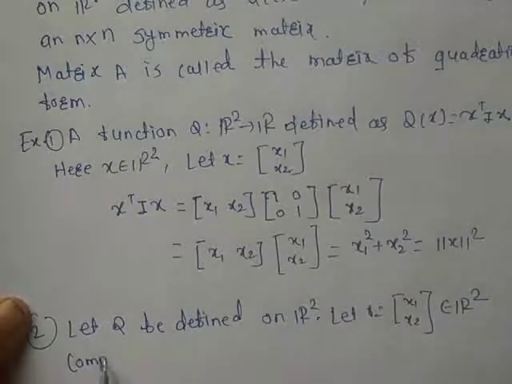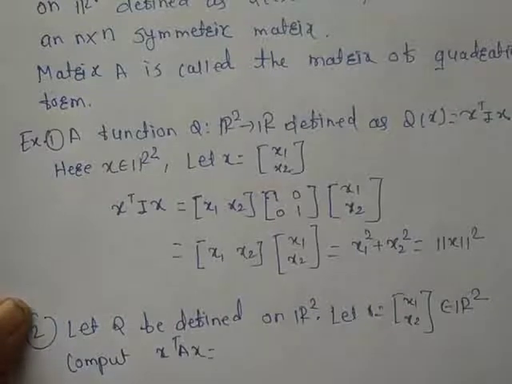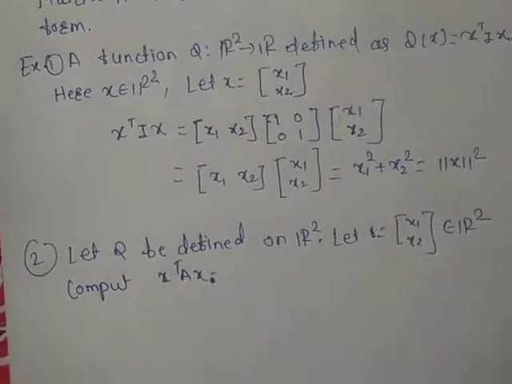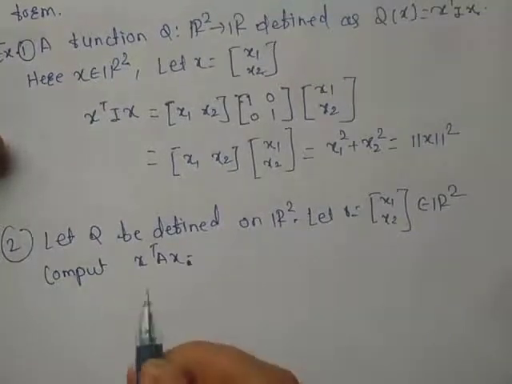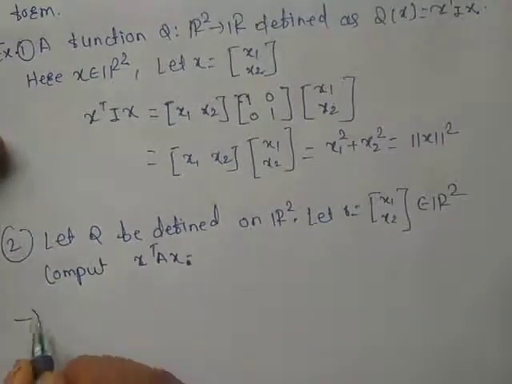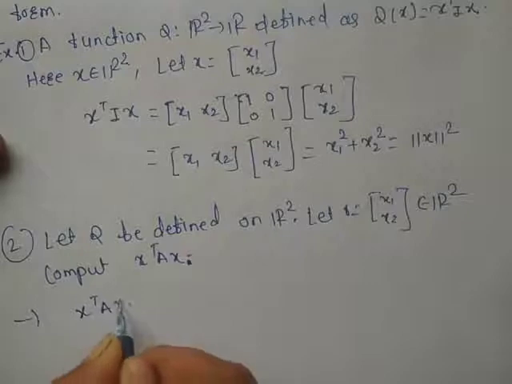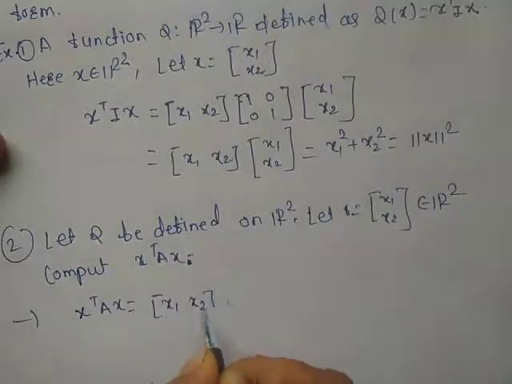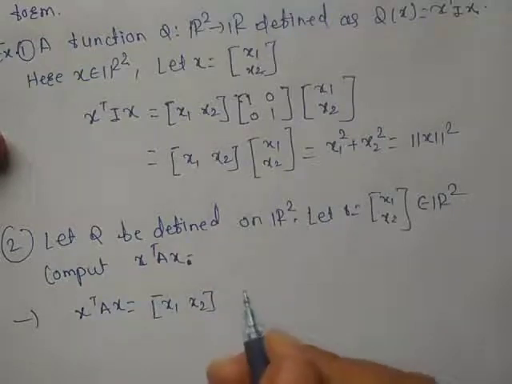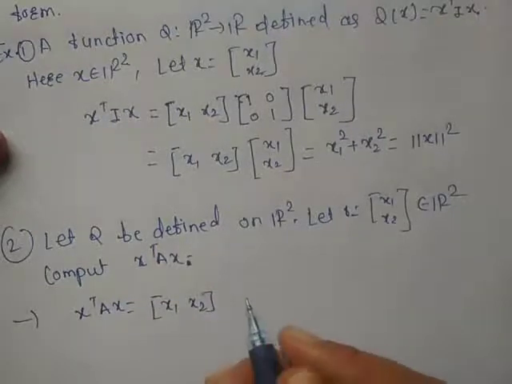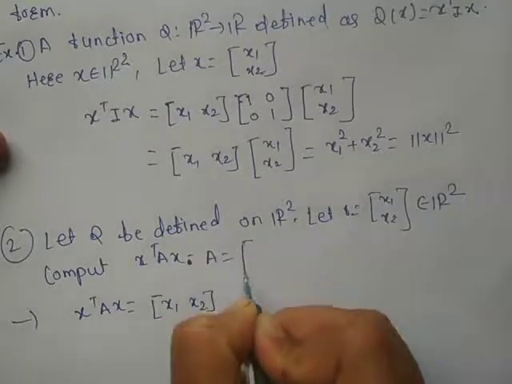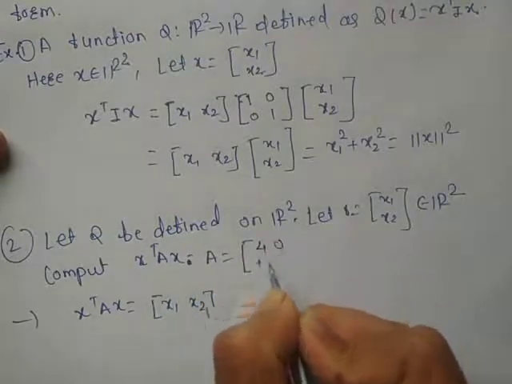Compute x transpose A x. Solution: x transpose A x equals the vector x1 x2 times A, where A is the given matrix [4 0; 0 3].